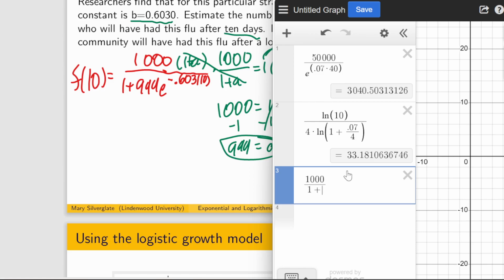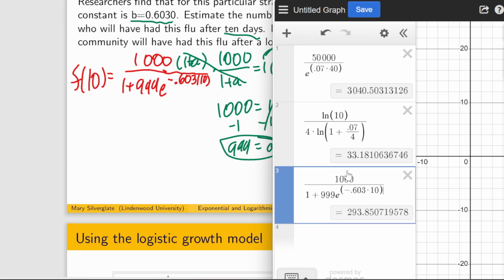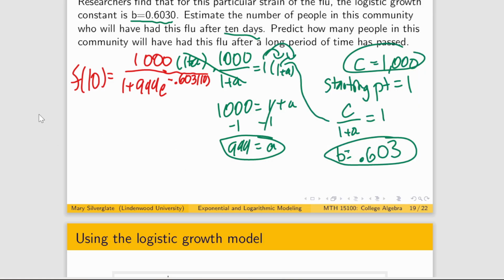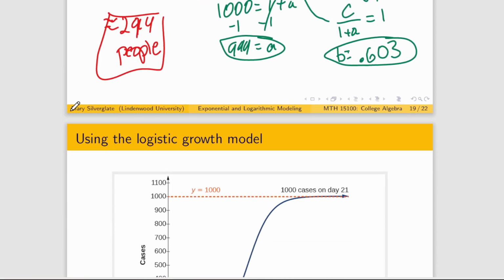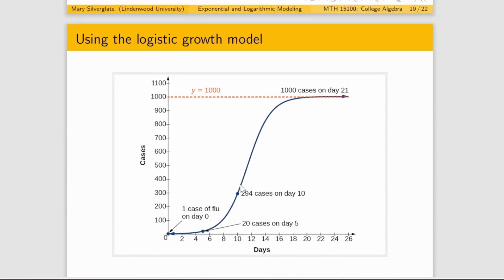So we'd have 1,000 over 1 plus 999 e to the, and I'm going to use parentheses for what this is being raised to, negative 0.603 times 10, and that gives us 293.85 people. So that would round up to about 294 people having the flu after 10 days. And that's kind of what it physically looks like here: on day 10 we would have about 294 cases of the flu. And this is again one of those more realistic models.